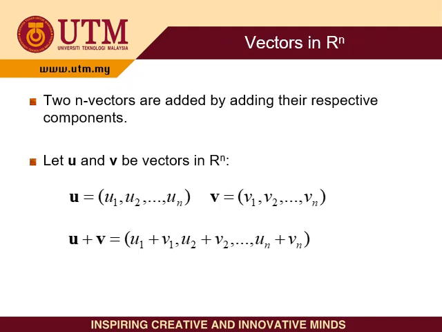Two n-vectors are added by adding their respective components. For example, let u and v be vectors in Rn. So we have u: u1, u2 until un, and you have v: v1, v2 until vn. So u plus v: the first one is u1 plus v1, and then u2 plus v2, and continuing until un plus vn.